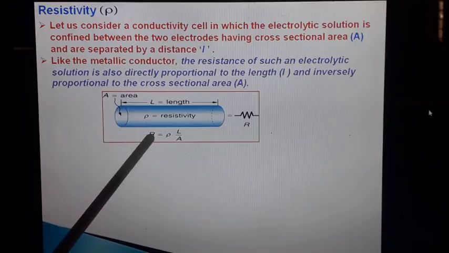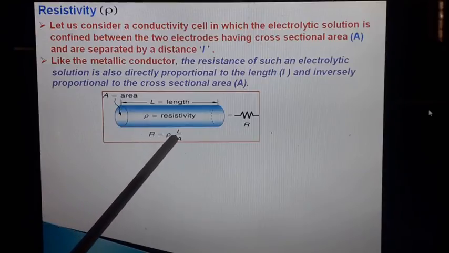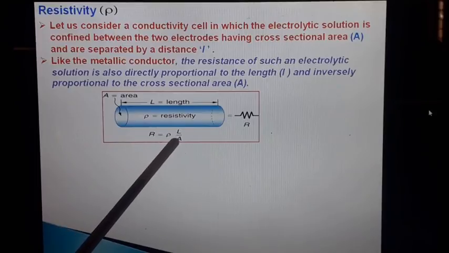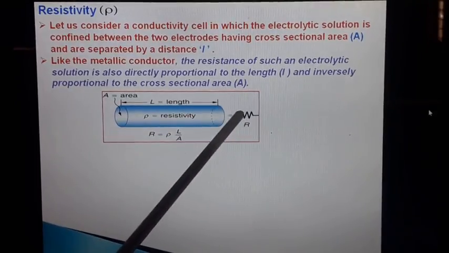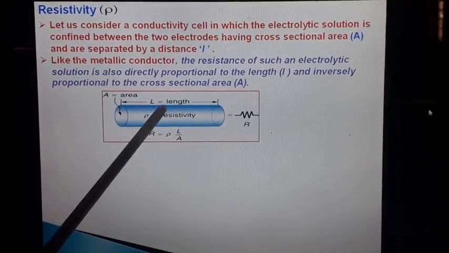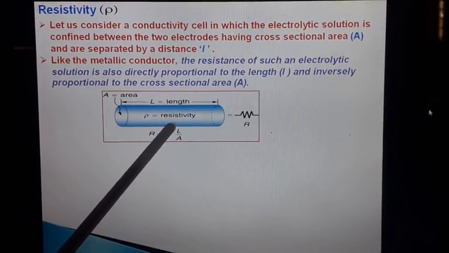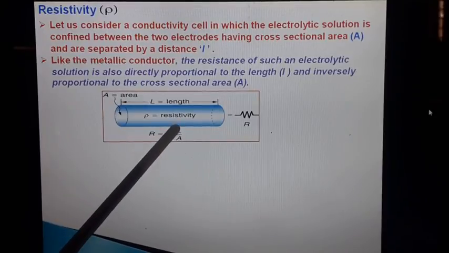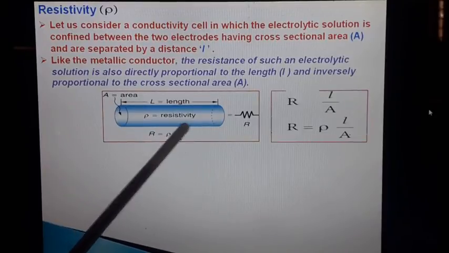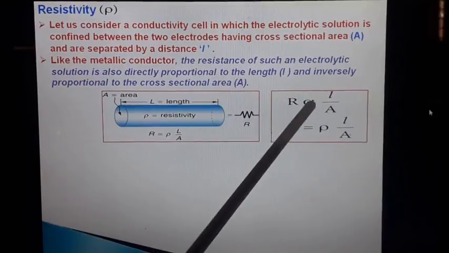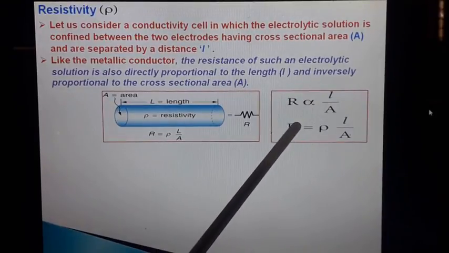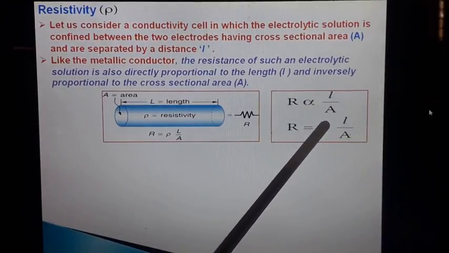Next, resistance R is equal to rho into L by A. Rho is the resistivity, and R is the resistance of this particular electrode. R is directly proportional to L by A. R is equal to rho into L by A.